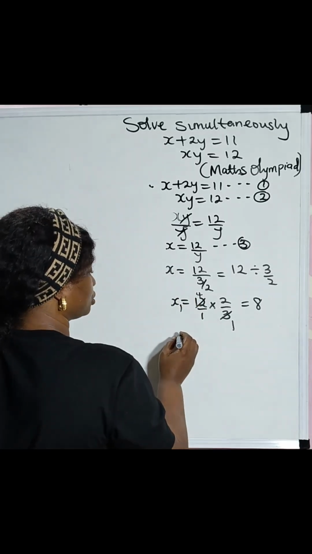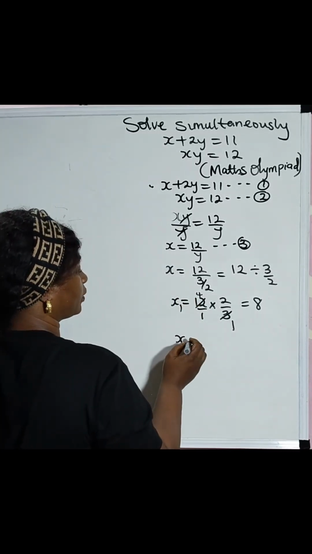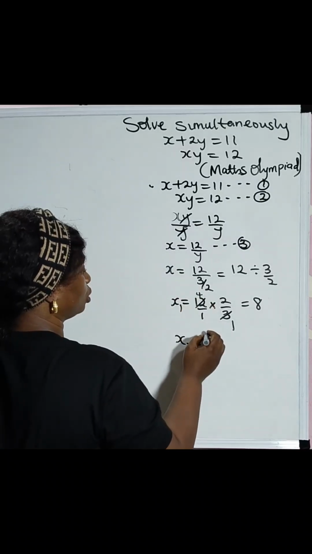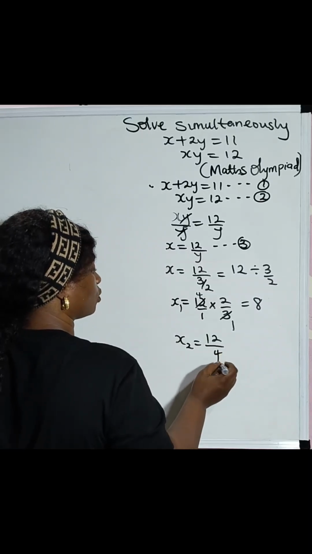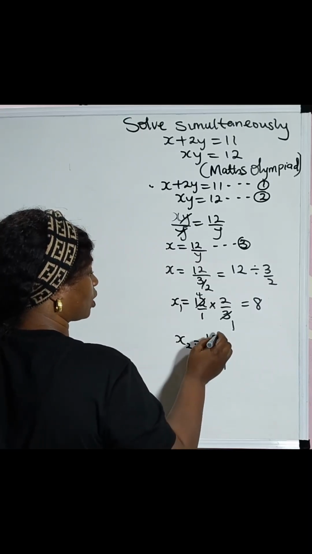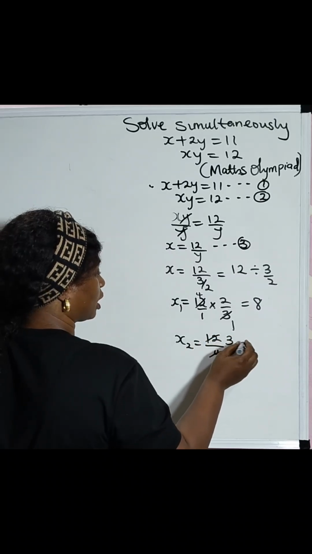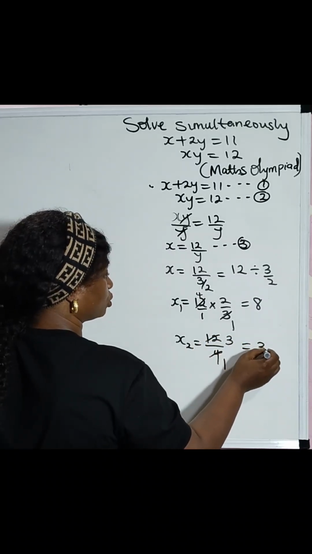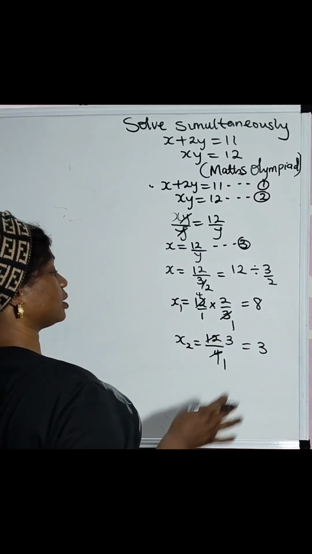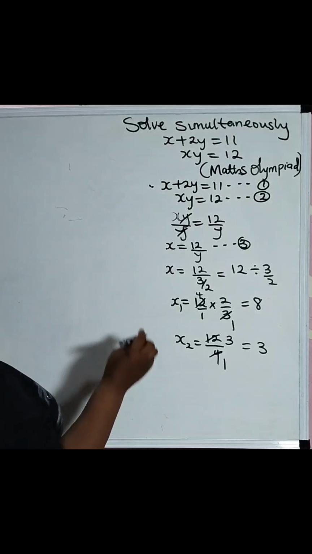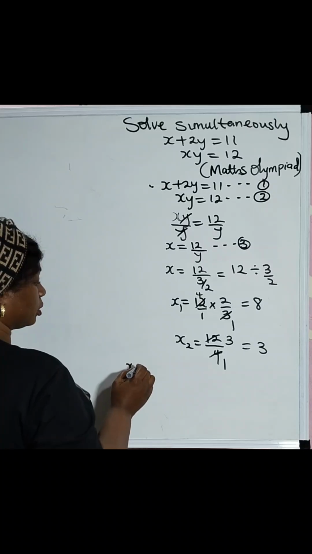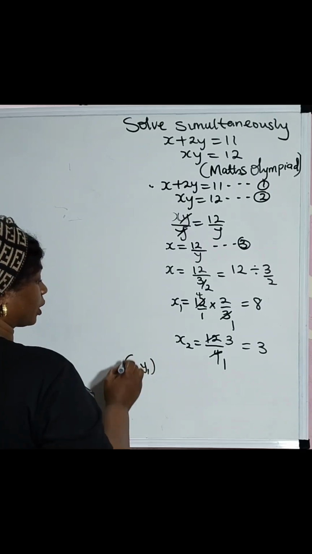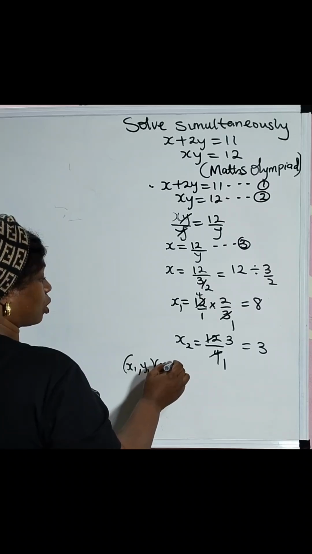For our x2, we have that x2 is equal to 12 over our y2, which is 4. 4 into itself is 1, 4 into 12 is 3. Now our x2 is equal to 3. We now have that the solution set will be x1 comma y1 and then x2 comma y2.